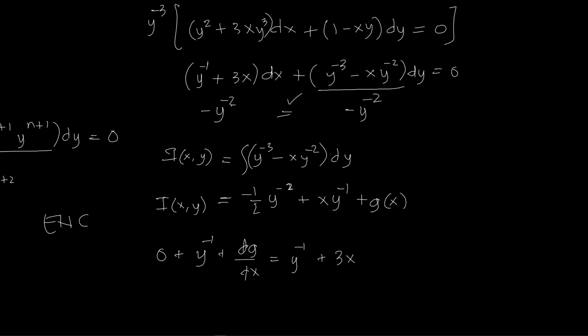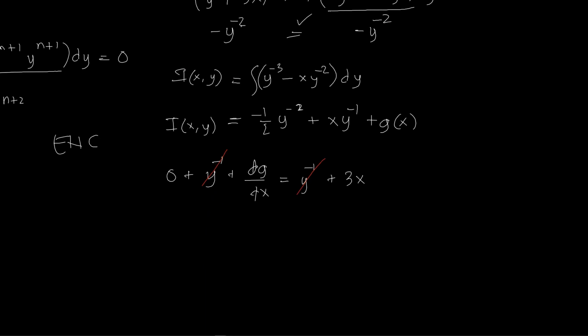Let's look for what cancels. It doesn't cancel, so you may be confused about which of the two to equate; look for what cancels. We have dg over dx is equal to 3x. Integrating both sides, we have g is equal to 3x squared over 2 plus c.